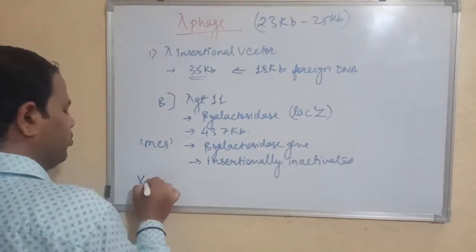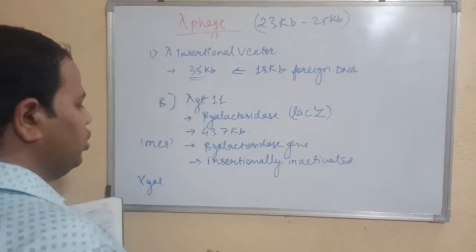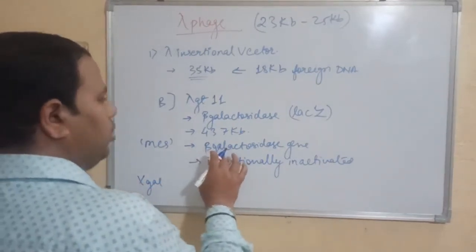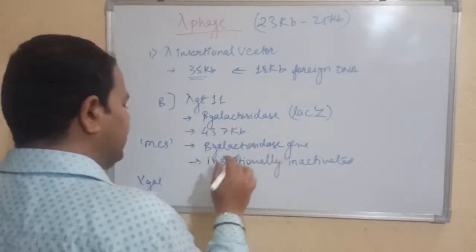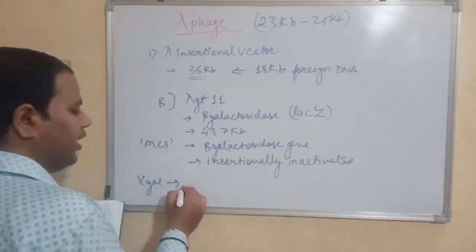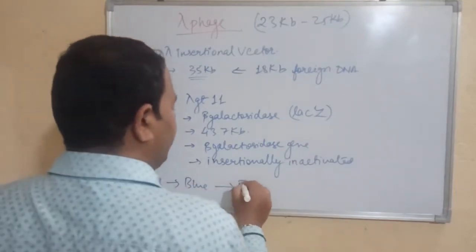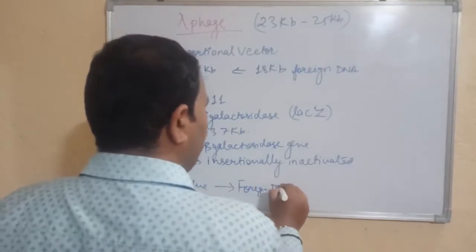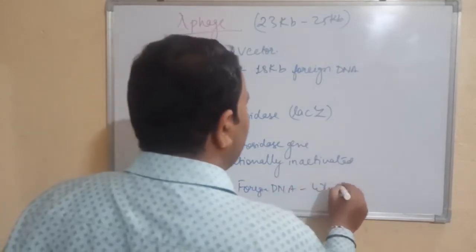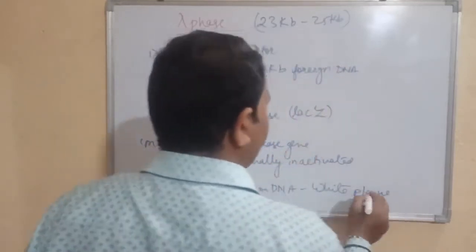We use a substrate here called X-Gal for the bacteria. The bacteria in which the vector has beta-galactosidase intact will be able to degrade this X-Gal and produce blue color, while those having our fragment of interest, that is foreign DNA, will produce a white colored plaque as the virus is infecting the bacteria.